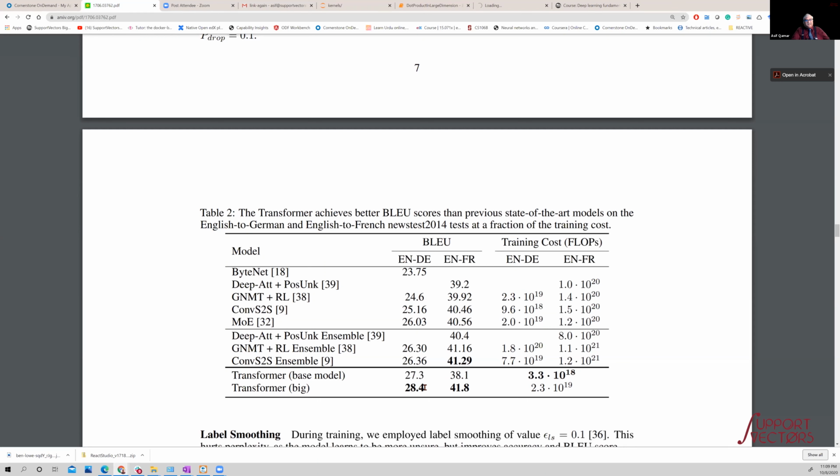You notice that it pretty much beats all of them in its very first implementation itself. So from English to German and English to French, do you notice that it just off the bat, when this paper was published, they pretty much must have had the first implementation. And out of the gate, it beat everything there.